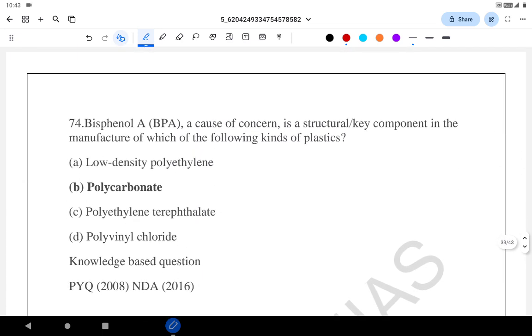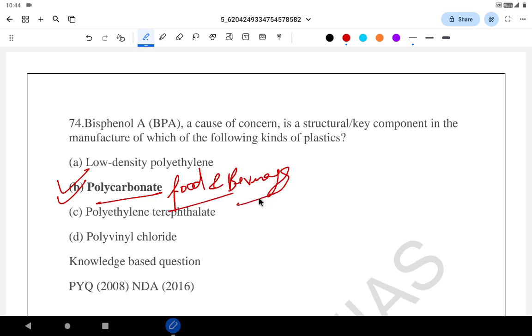Bisphenol A is a cause of concern as a structural key component in the manufacture of which one of the following? Bisphenol A is mainly part of the manufacture of polycarbonate that is used in the packaging of food and beverages. Beverage cans, not the food.